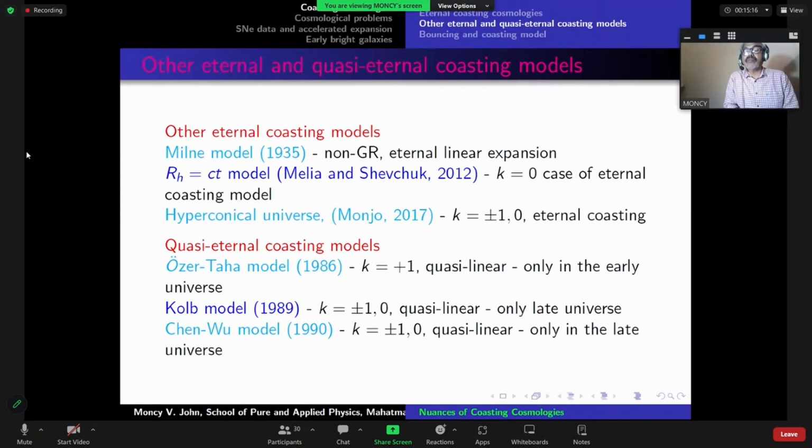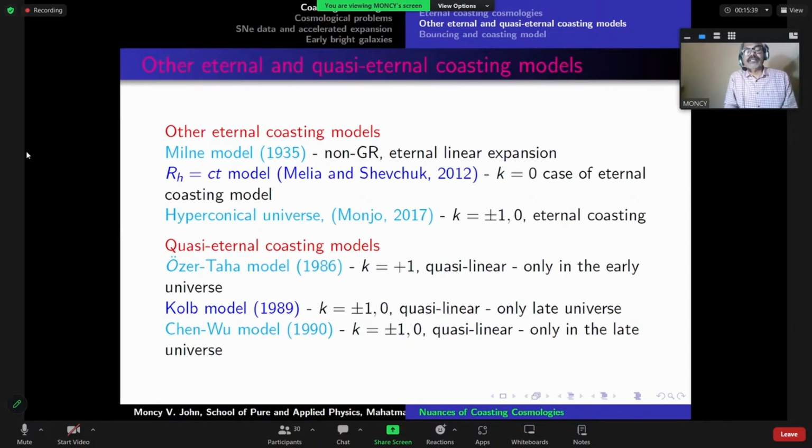Even in the very early epochs, gravity is not considered to be contributing to the cosmic evolution. Another eternal coasting model is the R_h equal to ct model, by Melia and Shevchuk in 2012. We have k equal to 0. This is actually the k equal to 0 case of the eternal coasting model.